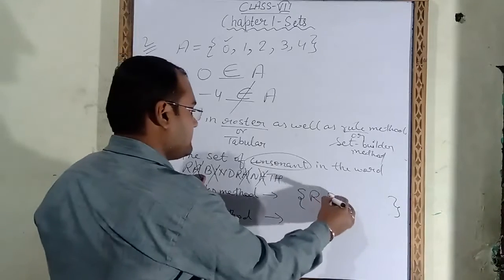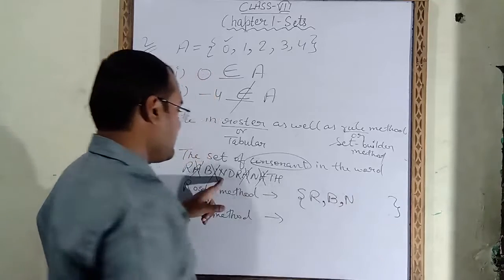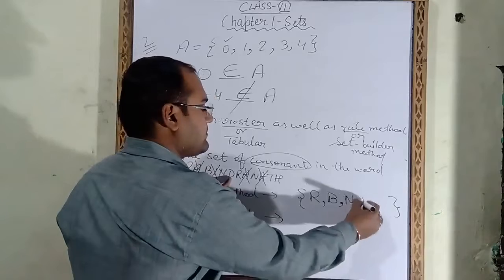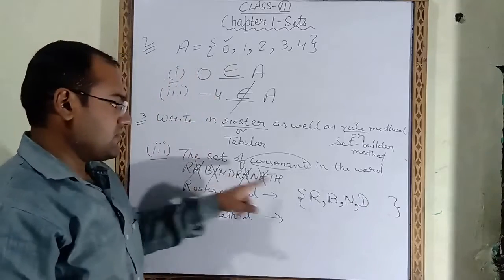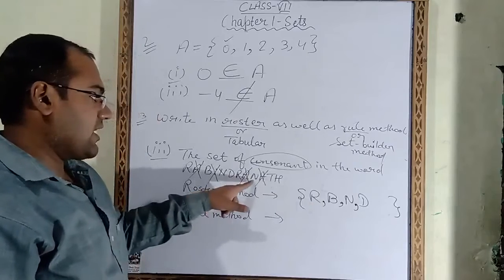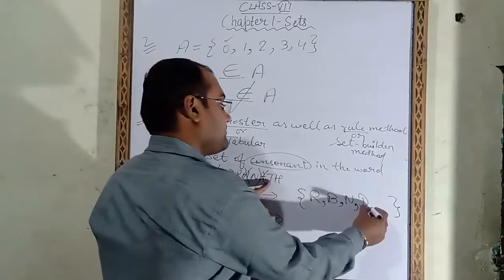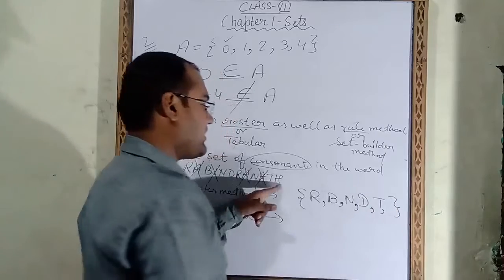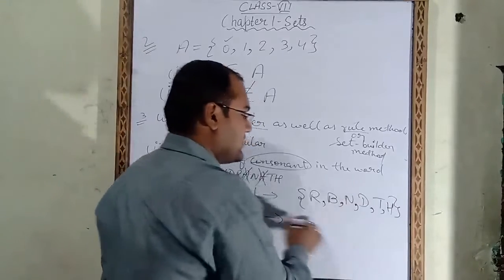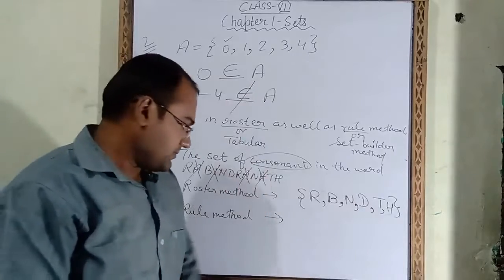B, N, D. Again R is coming. We had written it once, so no need to write it again. After R, N. N is also there. T. After T, H. So these are the consonants in the word Rabindranath.